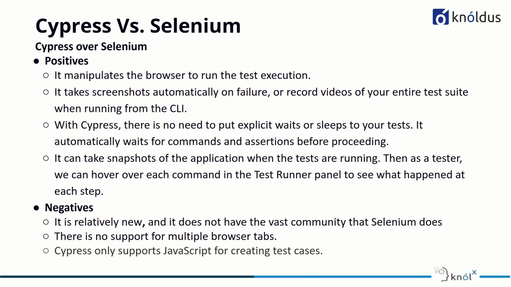And we can see the test runner panel and the behavior of the web application with our test cases. But enough with the positives that I have iterated through the session.